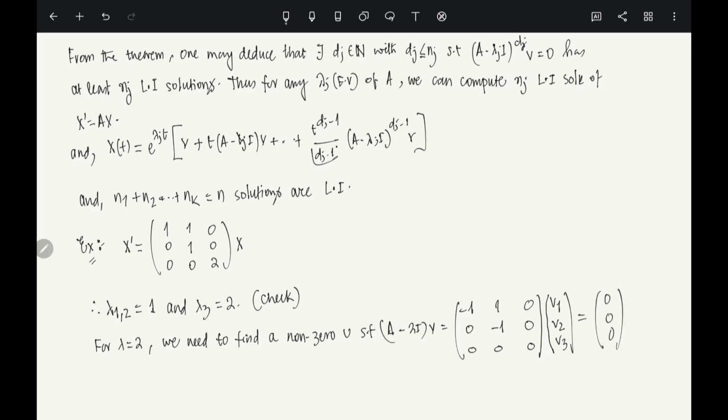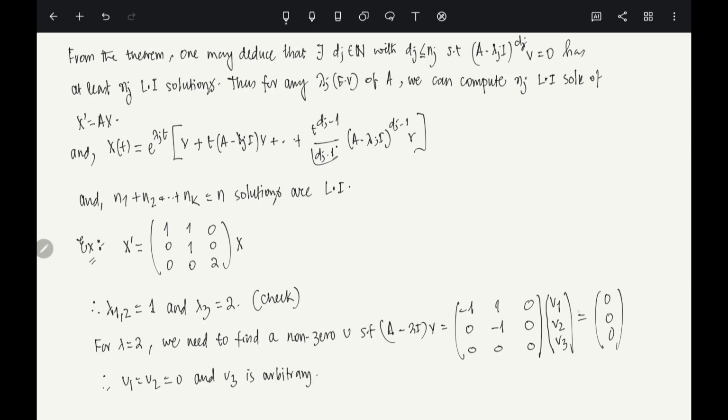Clear? Therefore, if you solve it, v1 equals v2 equals 0, and v3 is arbitrary. This is trivial to see.